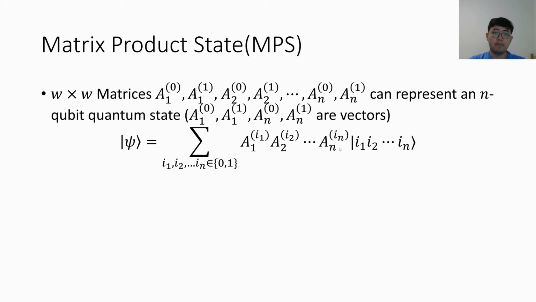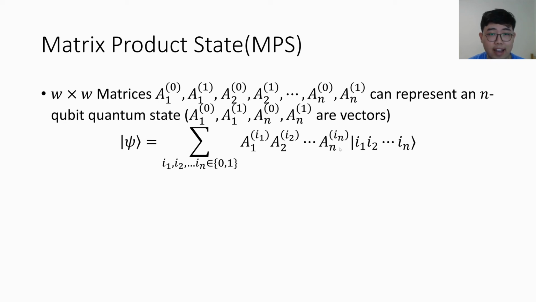Gleipnir uses the matrix product state, or MPS, which is a special class of tensor network, to approximate quantum states. It uses two n matrices or vectors A10, A11, A20, A21, and AN0, AN1 to represent an n-qubit quantum state with this value.